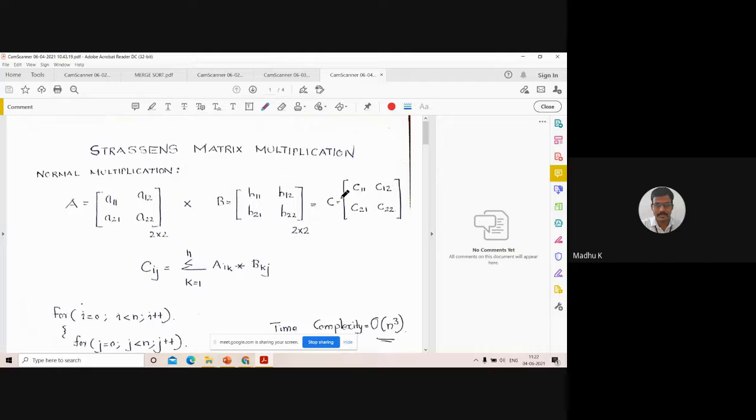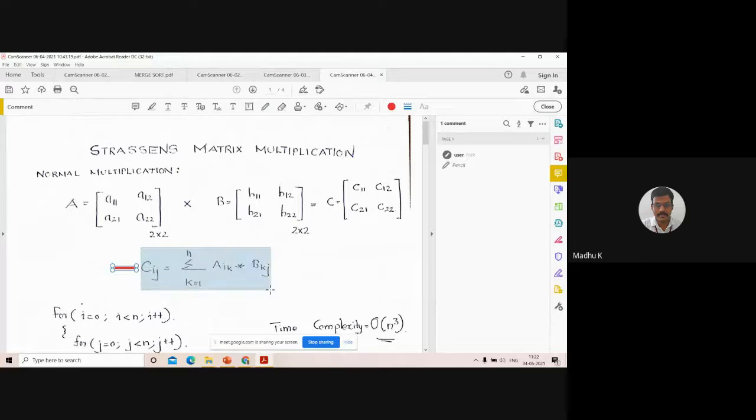This matrix multiplication is performed using this equation. The elements in the matrix C are C11, C12, C21, C22, and they are obtained by using this equation.